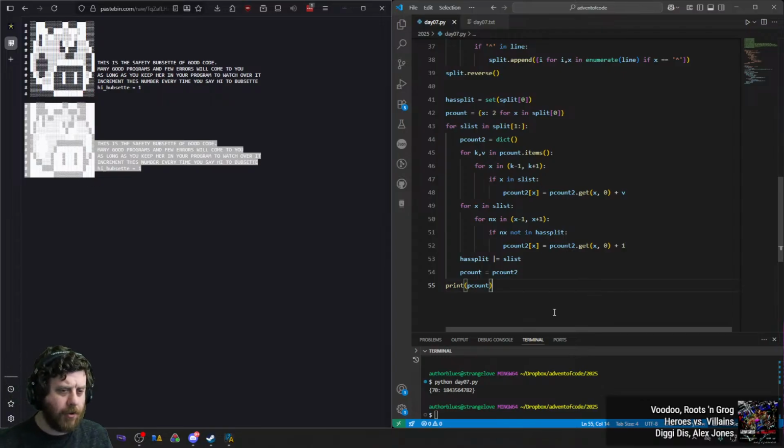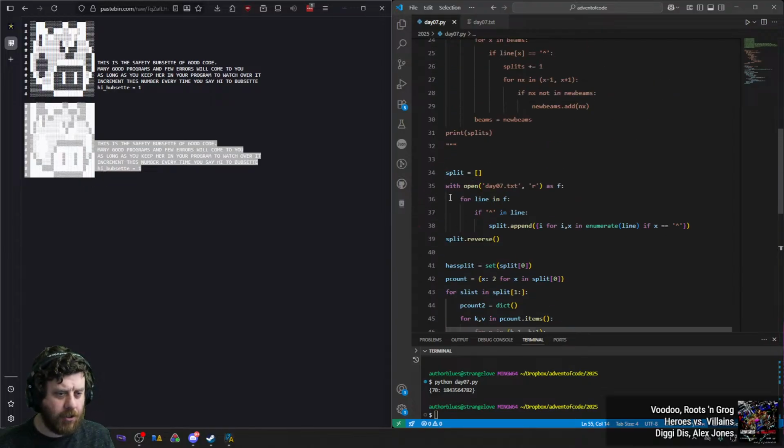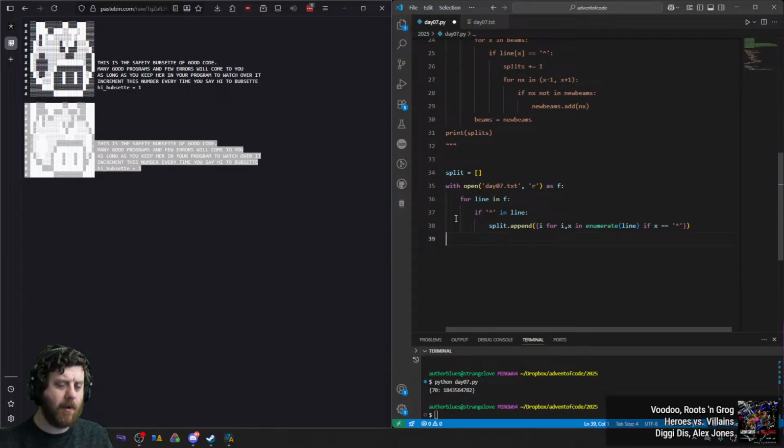Zero percent of this code is correct. I just thought of a case where it does not work the way I think it does. That's fine.